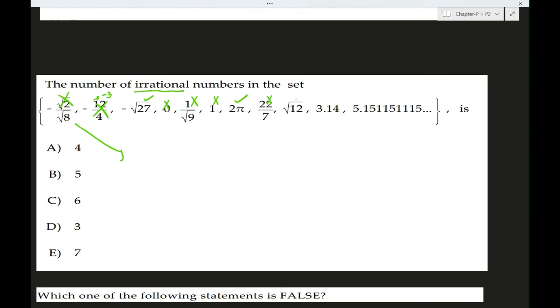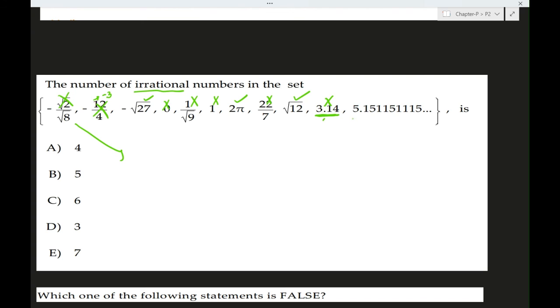Root of 12. 12 is not a perfect square, so this is going to be another irrational number. Now, if you look at this one, this is 3.14. It is a terminating decimal, so you can easily write it as 314 over 100, which is rational. So you cannot take this one.